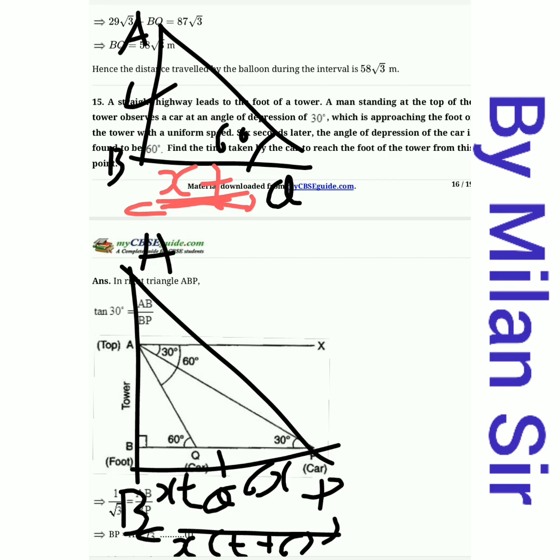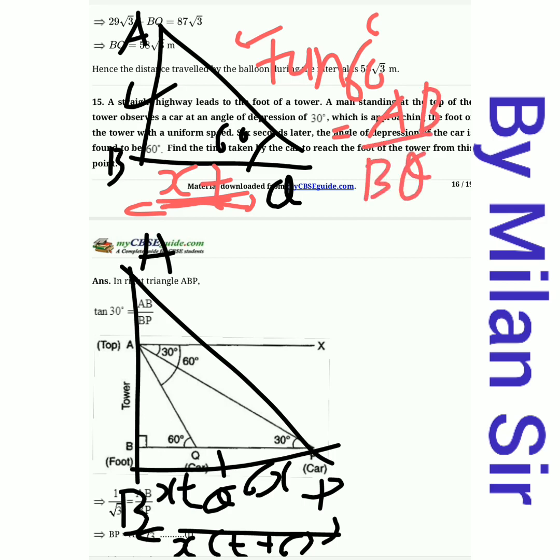Okay. So first of all this triangle, one angle is given, 60 degree, opposite side AB and adjacent side BQ, so tan 60 is equal to AB upon adjacent side BQ. Now the value of tan 60 is under root 3, AB as it is, BQ is x into t.